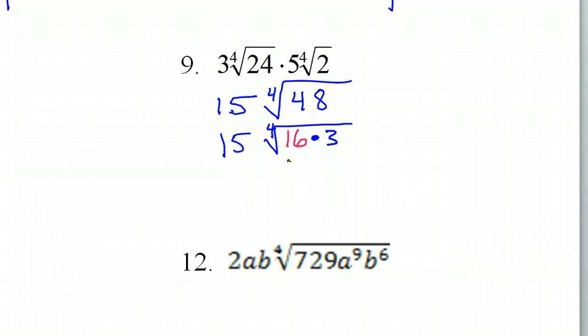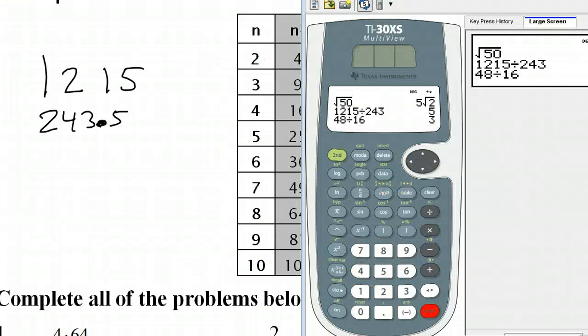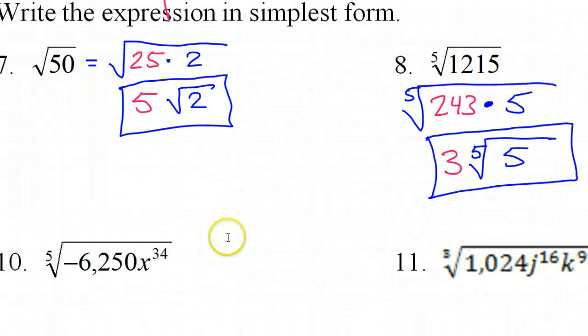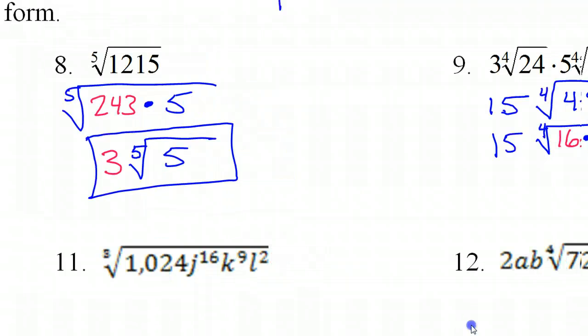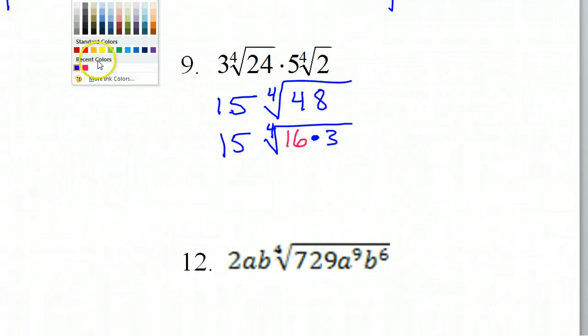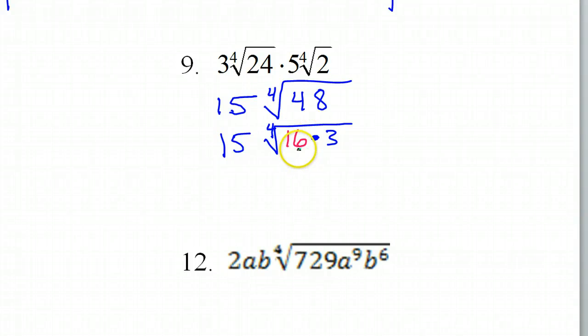Now, I highlighted the 16 because I can do the 4th root of 16 because it's right there on the chart. The 4th root of 16 is 2. Okay, so this 16, I'm going to simplify that down to just a 2.